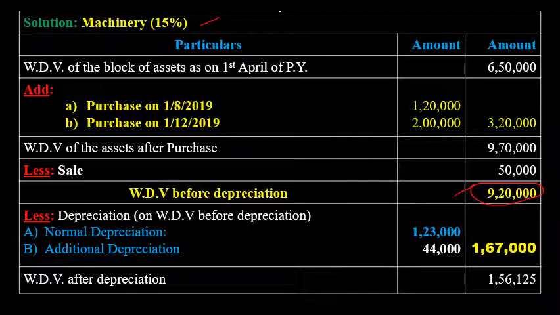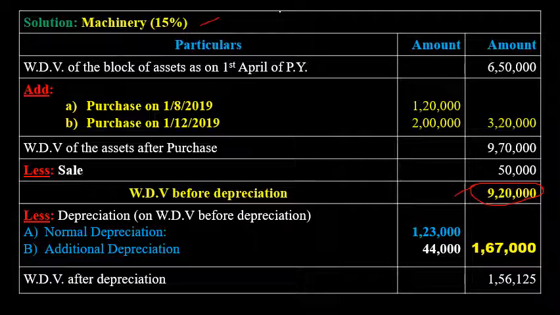The value you consider for the calculation of depreciation should not cross the written down value before depreciation. In another way, the limit for the calculation of depreciation is 9,20,000.